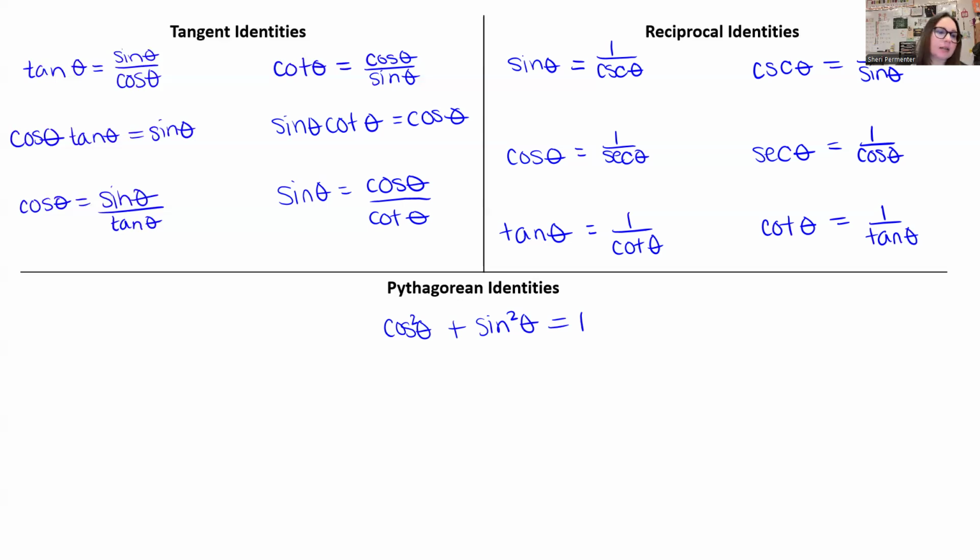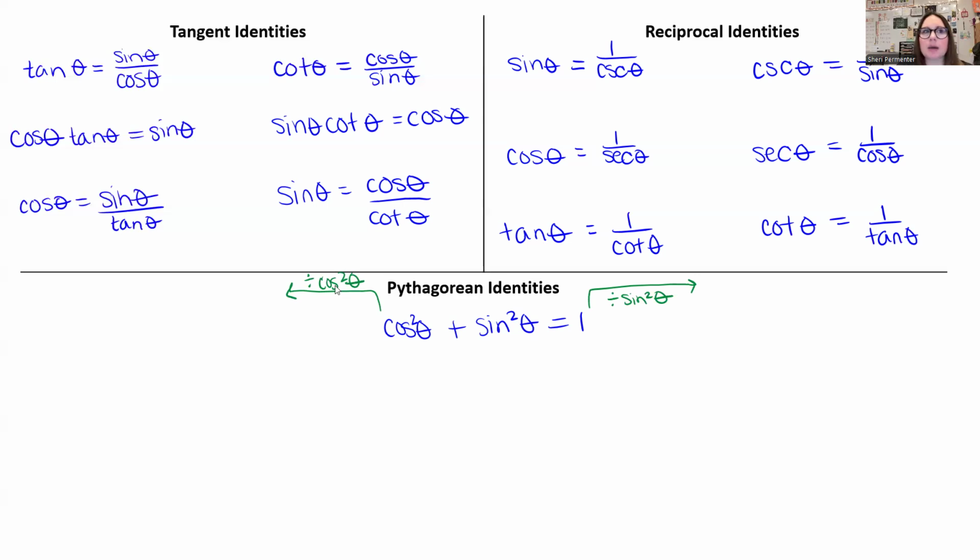Out one side, I'm going to divide by cosine squared theta. And then out the other side, I'm going to divide by sine squared theta.